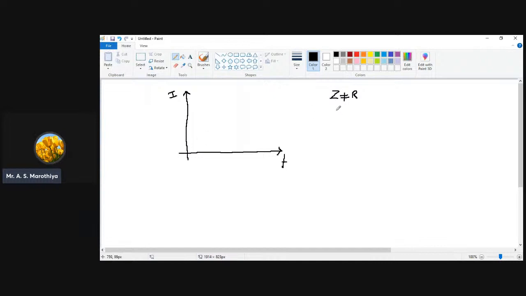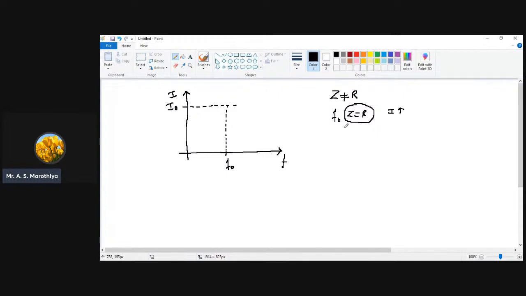Now if you increase the value of frequency, it is found that at some particular value of frequency, which is nothing but resonant, the value of Z is going to be equal to R, which is the minimum possible value. Because the impedance is at its minimum possible value, current has to be at its maximum possible value. That means at resonant condition, say F naught, the value of current is at its highest possible value, and this is I naught.